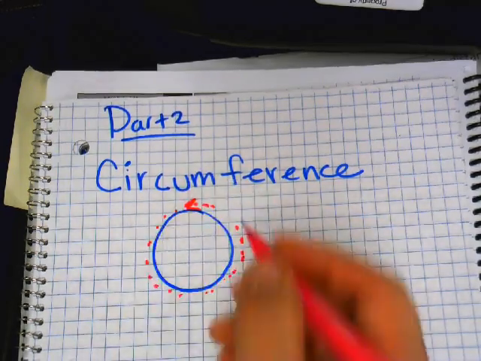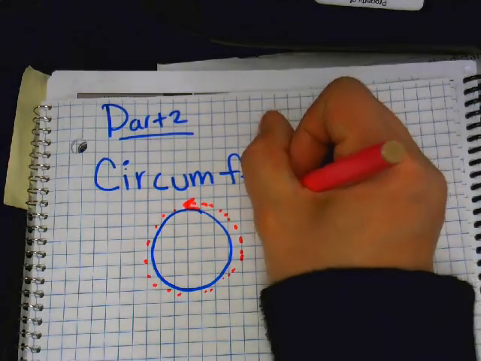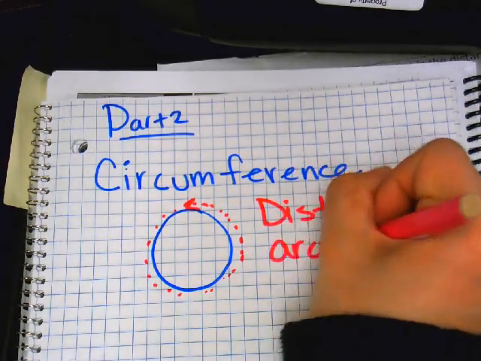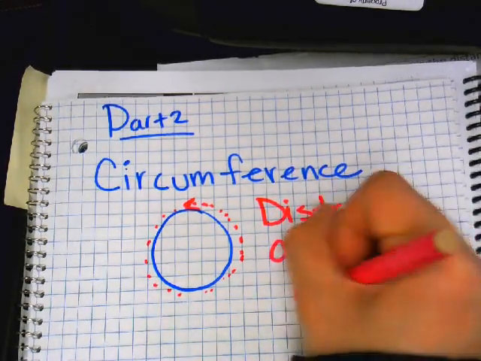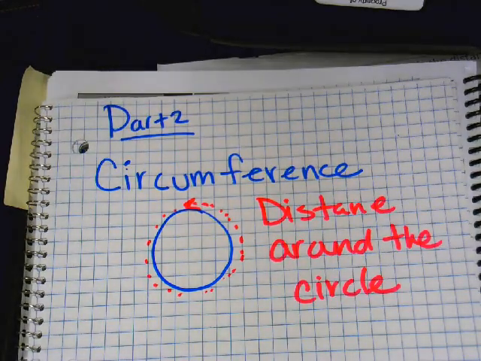If I were to walk around, it would be called the circumference. So circumference is the distance around the circle. Not the inside, it's not the area, it's the circumference.